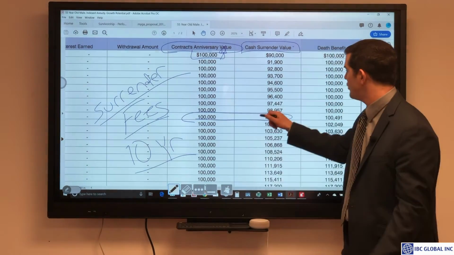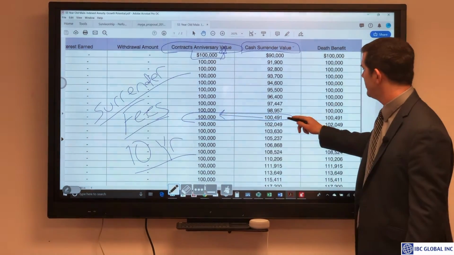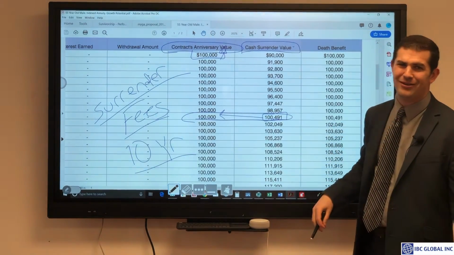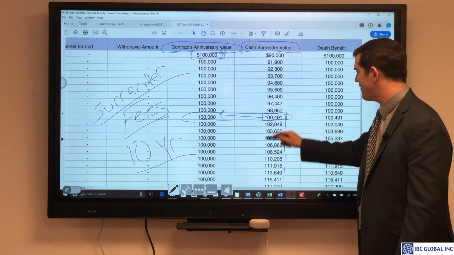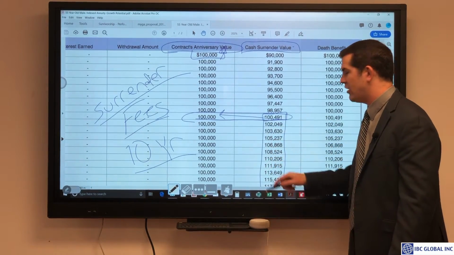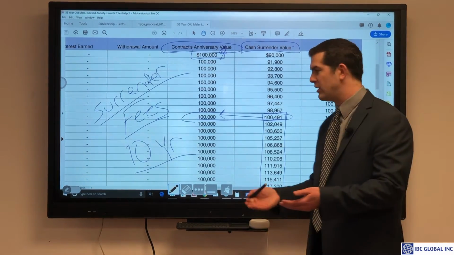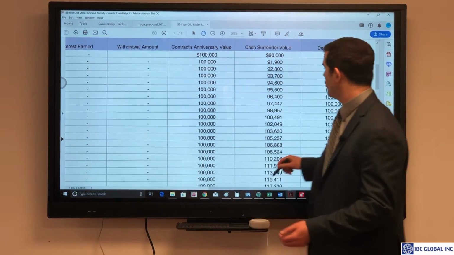Meaning if I cash it out at this point in time, it's equal to or greater than the anniversary value. Again, this is the minimum guarantee, a little over 1%. It's not that strong, but it does show I do have a guarantee associated with the account. You always want to earn something in the event the market tanks and produces nothing for us. So that's the guaranteed example.